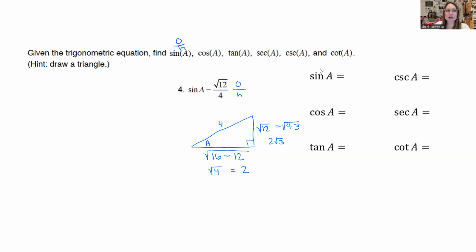So I'm not going to just write square root 12 over 4 because it's actually 2 square root 3 over 4. Does that reduce? Yes. What is 2 over 4 reduced to? 1 over 2. So this is actually square root 3 over 2. And you wouldn't see that if you left it as square root 12 over 4.